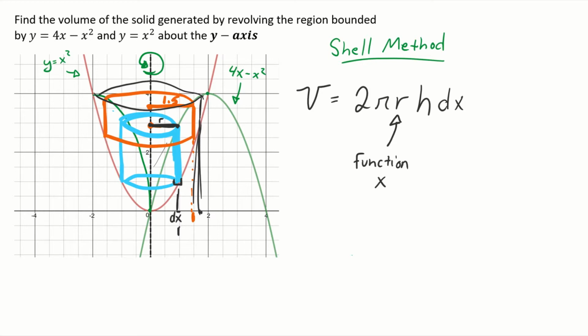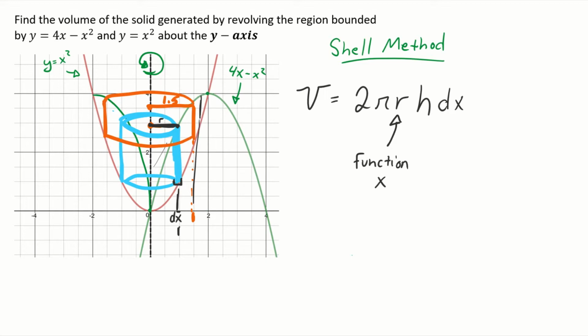Your radius in these shell problems is always just going to be x or y if we're rotating about the x-axis, or it might be your x minus your axis of revolution. So when your axis of revolution changes from just being a y-axis or x-axis to maybe x equals 4, it will change a little bit.